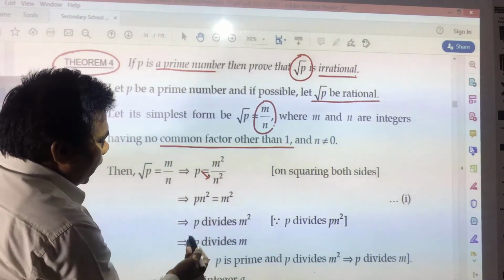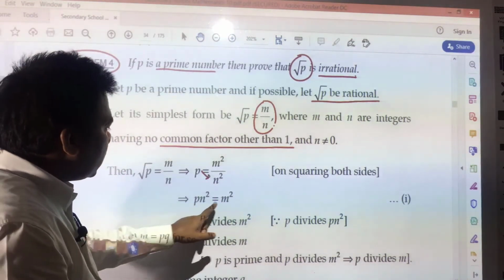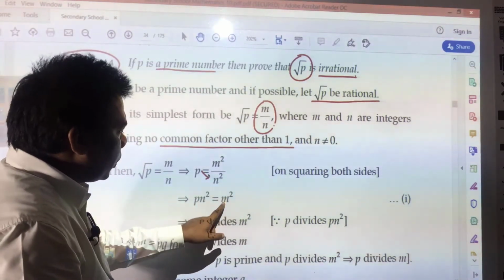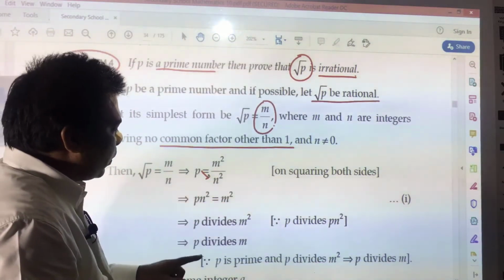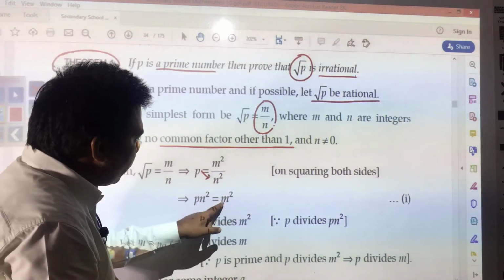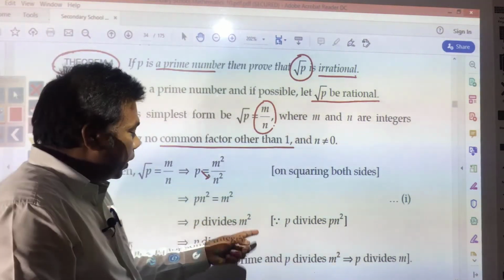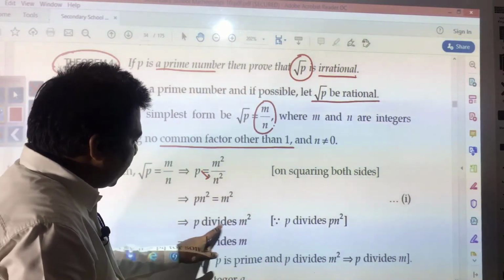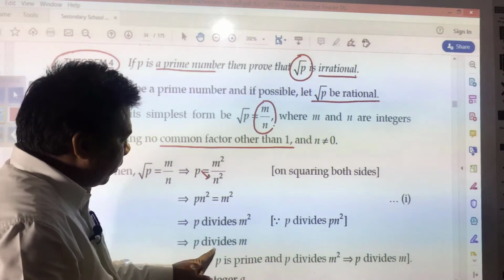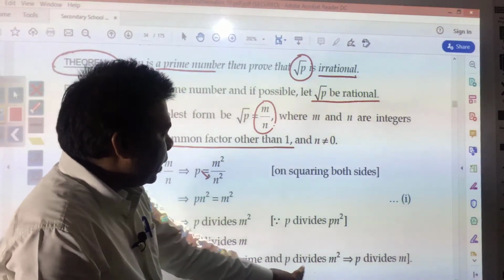So, here you see, if P n square is equal to m square, it means m square is a composite number having factors p and n square. So, m square is divisible by p, p divides m square, and one theorem you have already done: if p divides m square, then p will divide m also. So, p divides m, since p is prime and p divides m square.